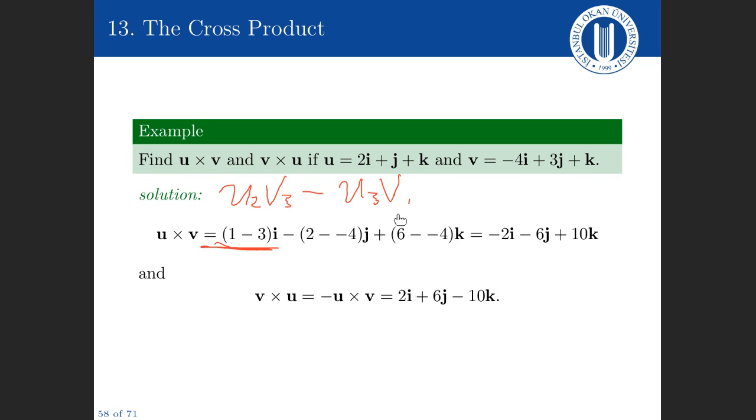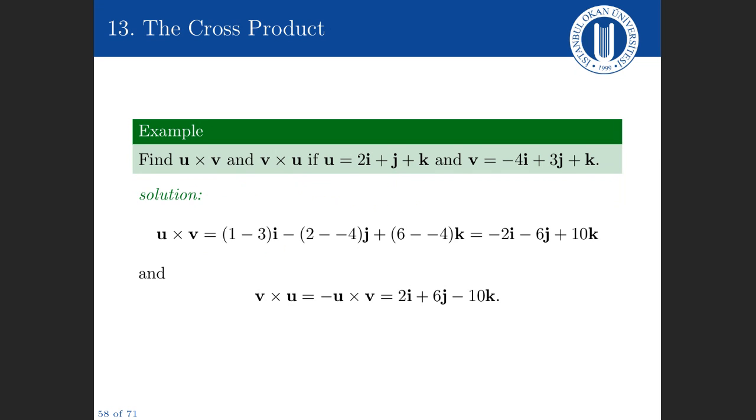U3 is 1. V2 is 3. 1 multiplied by 3 gives 3. 1 minus 3i. And then the same for the rest of this, which I will leave for you to check.